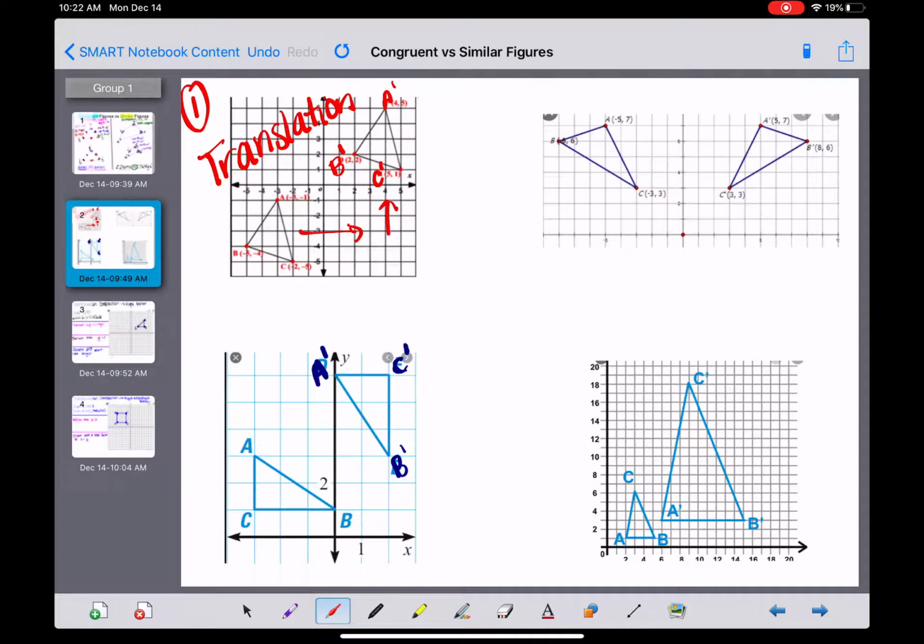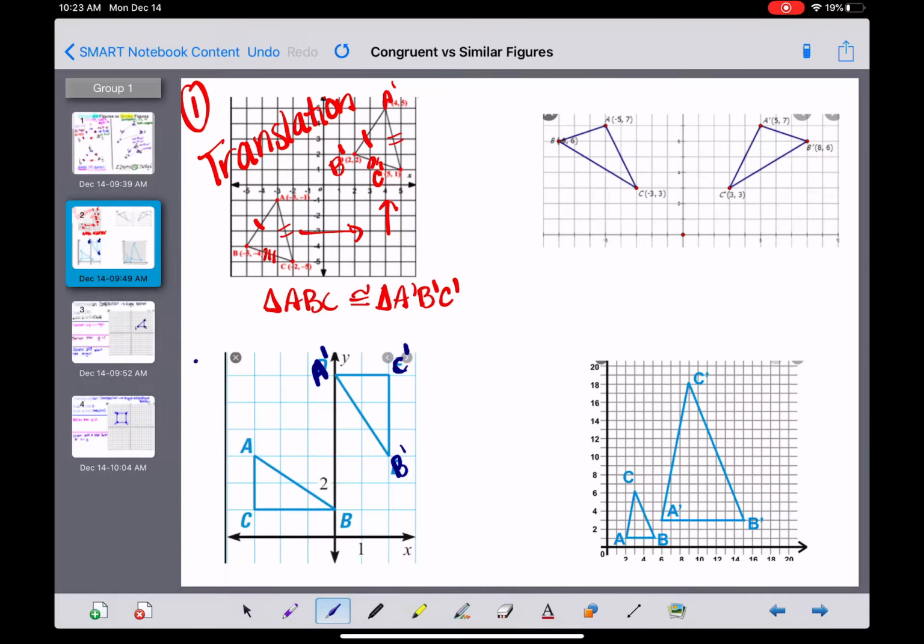It didn't change. So a translation, which is a rigid motion, shows congruency. Triangle ABC is congruent to triangle A prime, B prime, C prime. Corresponding sides are congruent. Corresponding angles are also congruent.